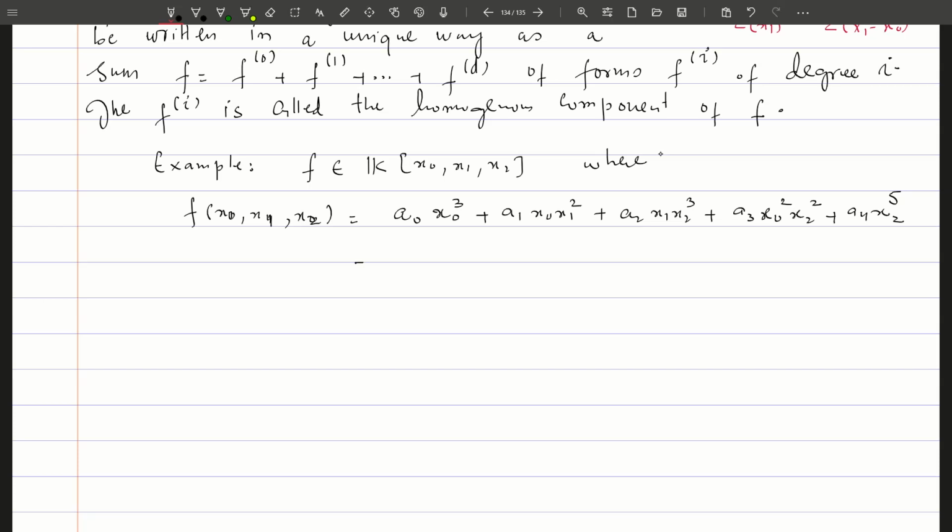So we have homogeneous elements here. This is of degree 3, this is of degree 3, this is of degree 4, 4 and 5.